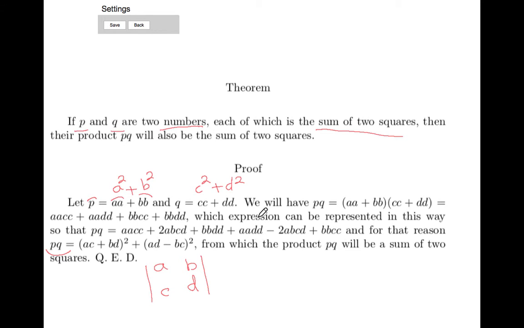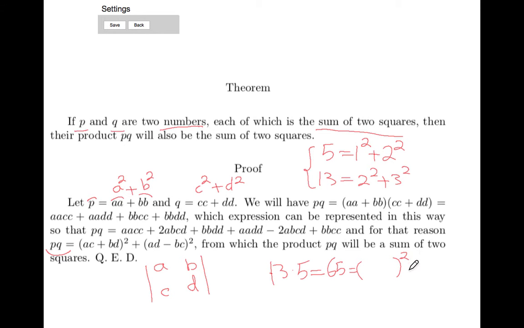So for instance, as a toy example, 5 is 1 squared plus 2 squared, and let's say 2 squared plus 3 squared is 9 plus 4, or 13. Then we can write 13 times 5, or 65, as a sum of two squares.